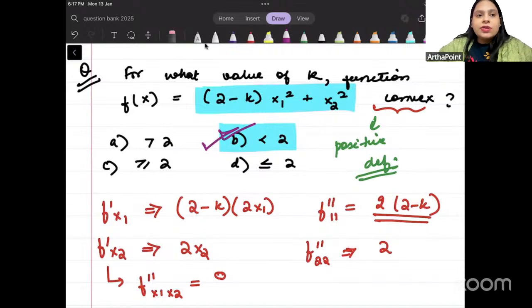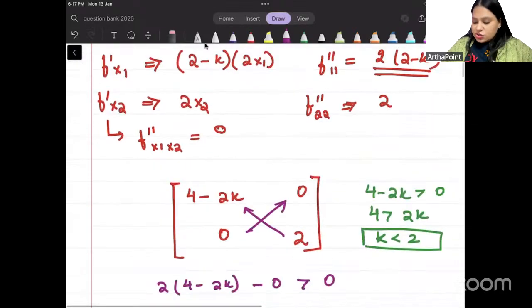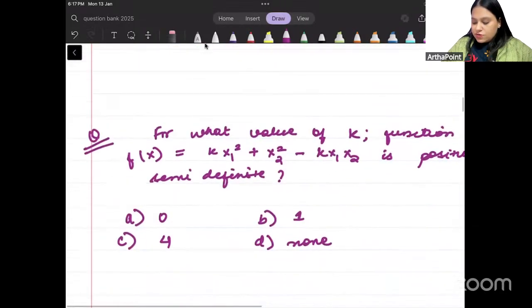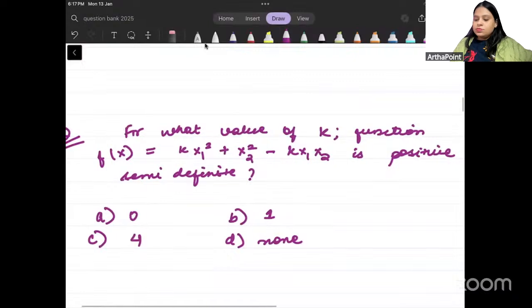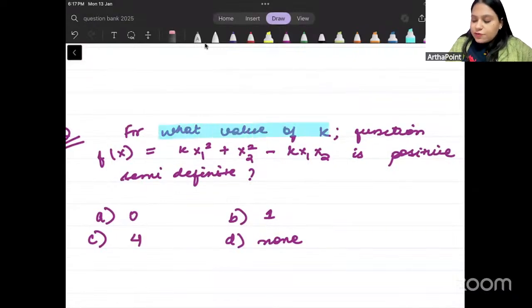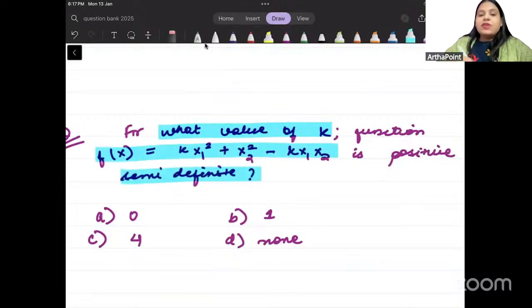Good. Okay. Go ahead, take the next question. Try to do this question yourself now. For what value of k, let me just read it out. For what value of k is the function f(x) positive semi-definite?